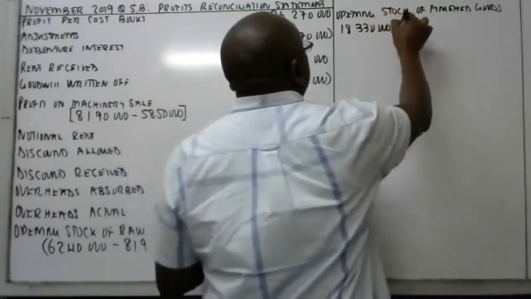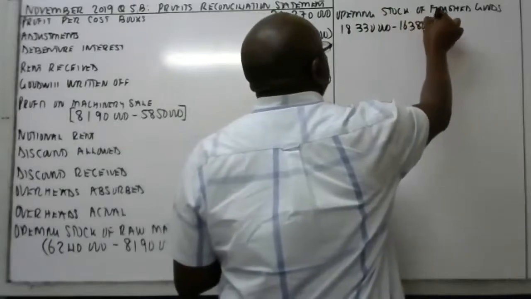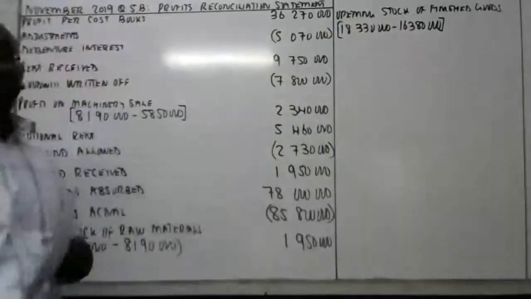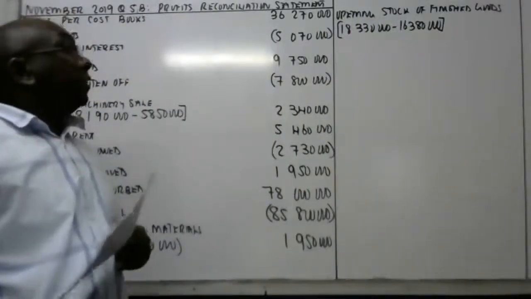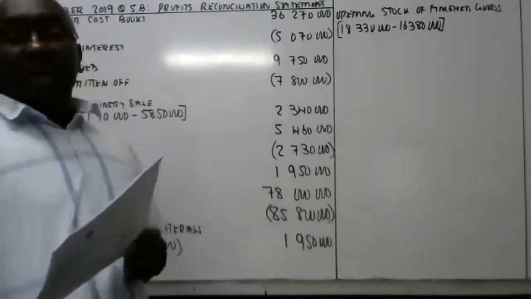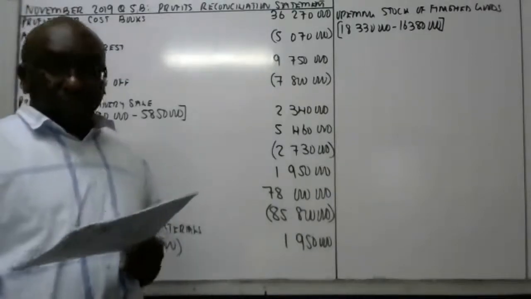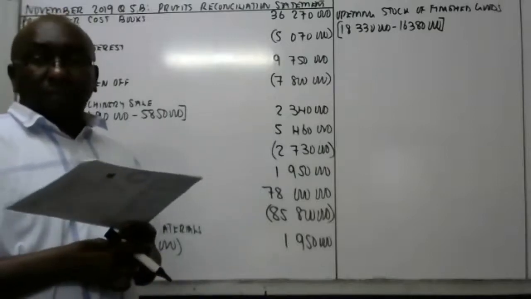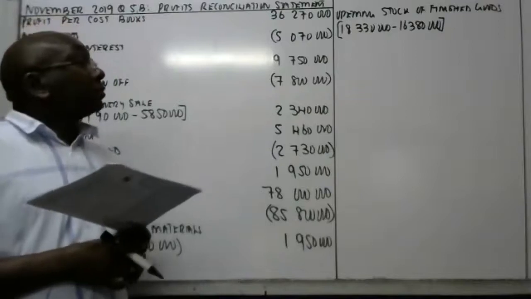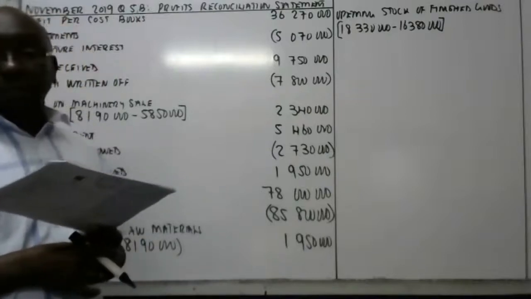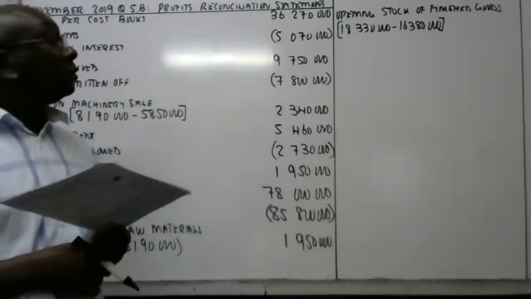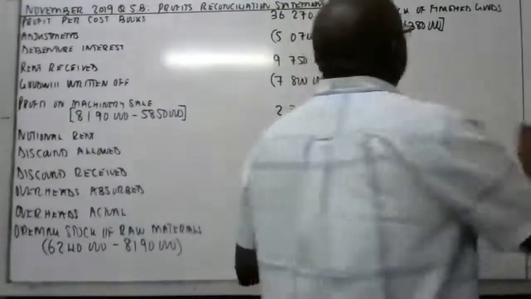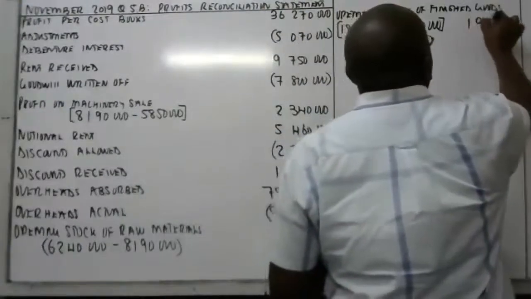You less 16,380,000. The difference between the two of them is, oh, it's also 1950. Okay. So 1,950,000.